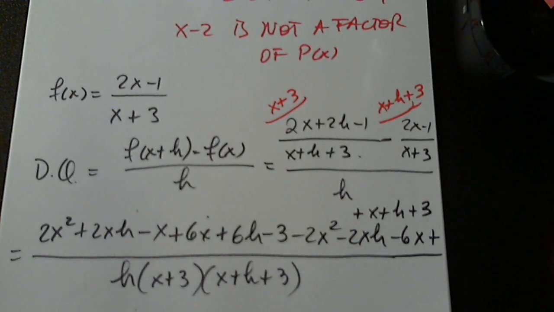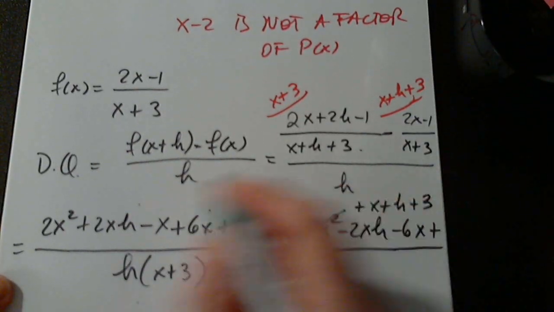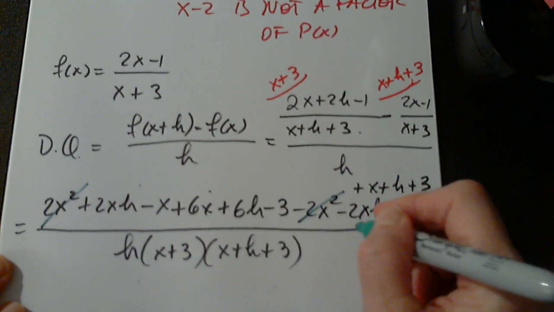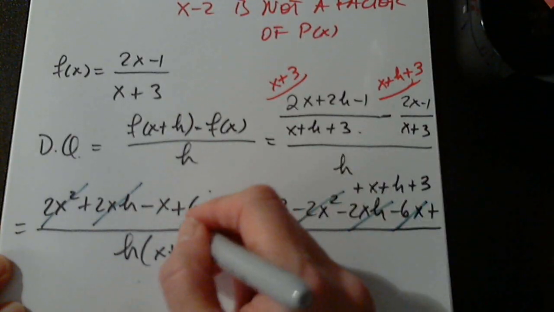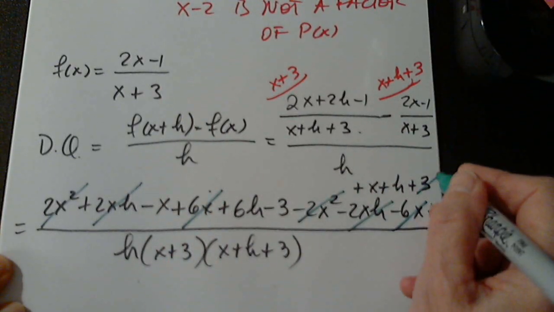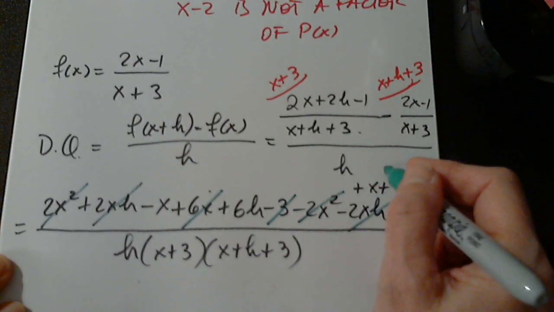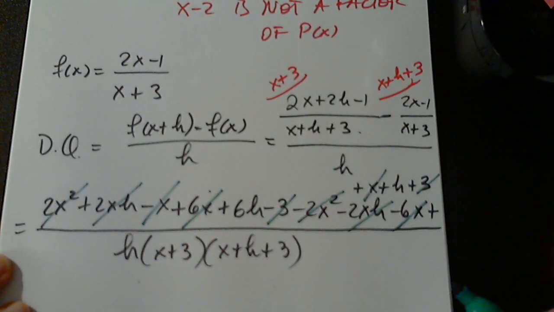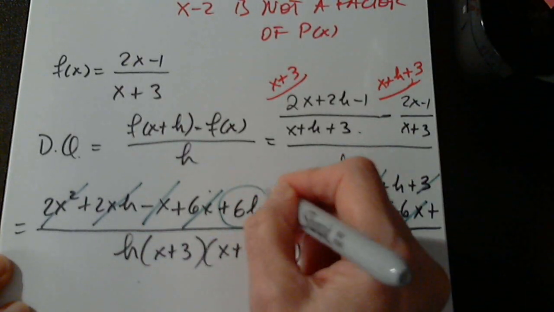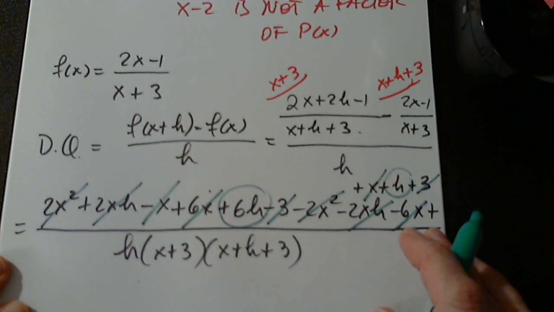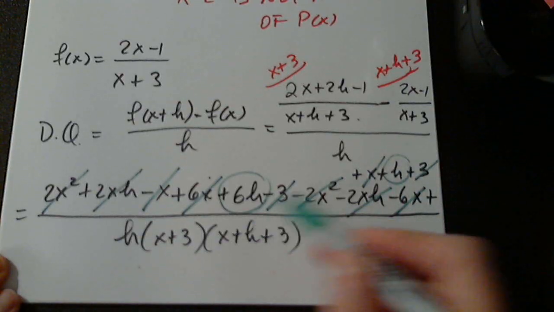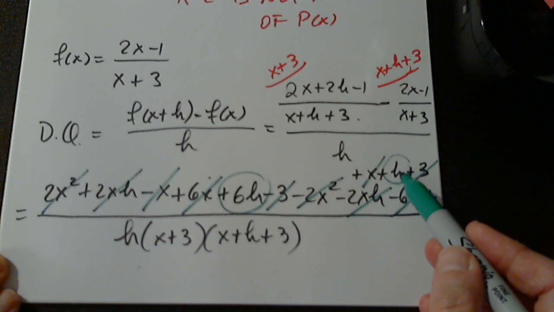Now, if my terms don't go away, I know I have a big mistake. The negative 2x squared with a positive, even these two are going away. Wonderful. The negative 6x with a positive 6x, the positive 3 with a negative 3, the positive x with a negative x. So all that is left is this and this. Nothing else. I'm happy because now I only have 6h plus h, 7h.